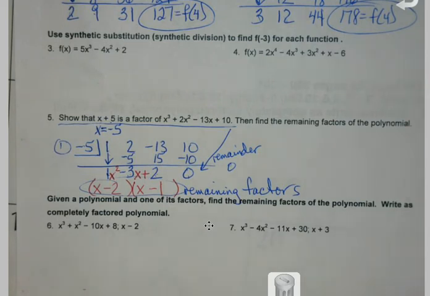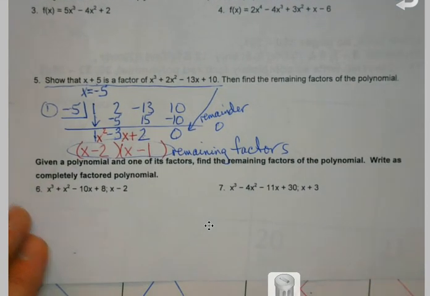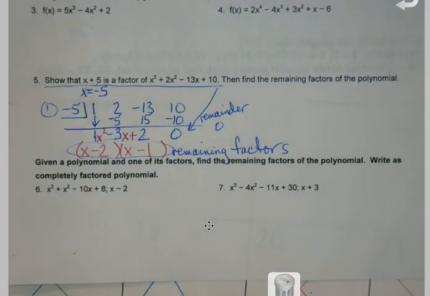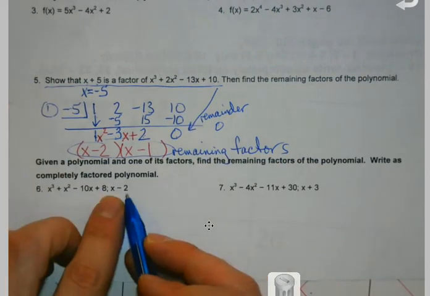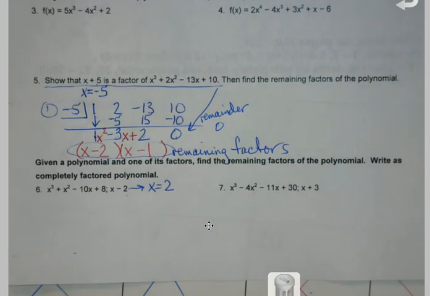And the only thing left that kind of goes with this, as we scooch up here: given a polynomial and one of its factors, find the remaining factors. Basically, they want us to do the same thing that they did up here. They give us the first one, which here means my x value is going to be 2.